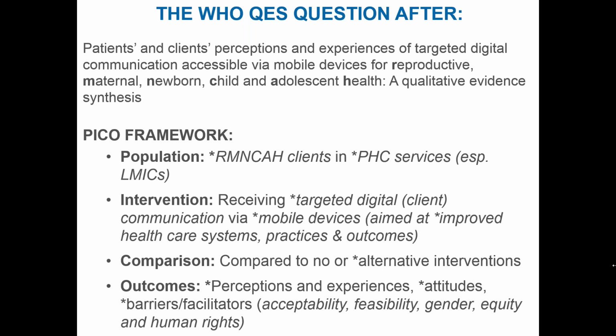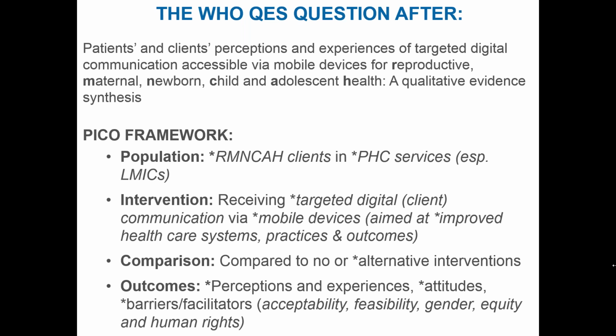But we also needed to know where these patients are, and we were particularly interested in primary healthcare services. And as I've mentioned earlier, upon further questioning, globally, yes, but more particularly, we want to definitely prioritize LMIC evidence. In terms of the intervention, we're talking about clients or patients receiving targeted digital communication, and we needed to define that with the commissioners.